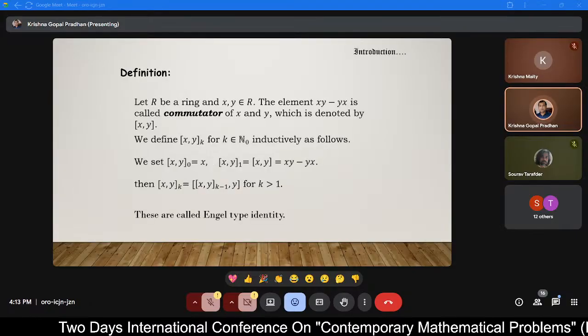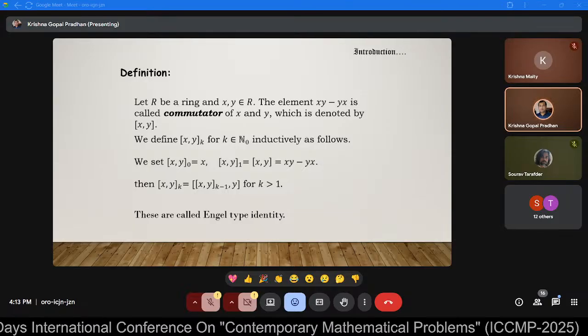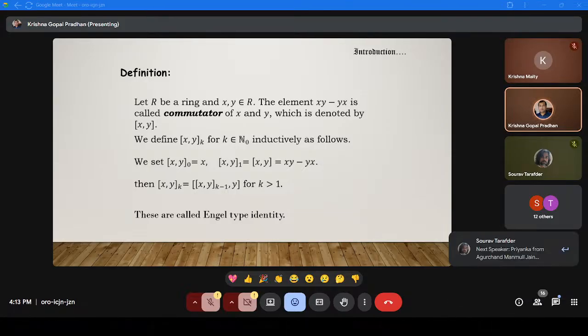More definitions. Let R be a ring, x, y belongs to R. The element xy minus yx is called the commutator of x and y, which is denoted by the square bracket x comma y. We define more like this. This we call the kth commutator of x and y for k belongs to N naught, inductively as follows.